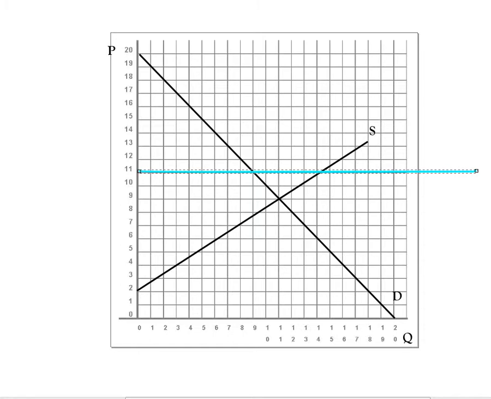Well, the sellers would be thinking, let me draw a little point right here, that at a price of 11, I want to bring 14 to market and sell them. Great, but what are the consumers, the buyers, thinking? Well, the buyers are thinking that at a price of 11, I only want to buy 9.